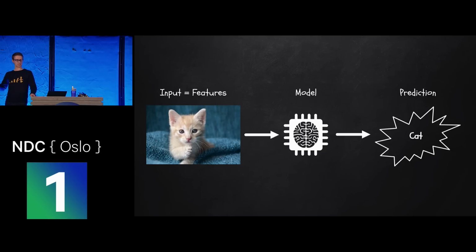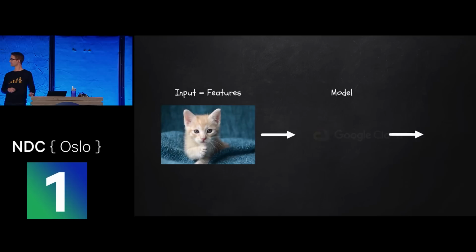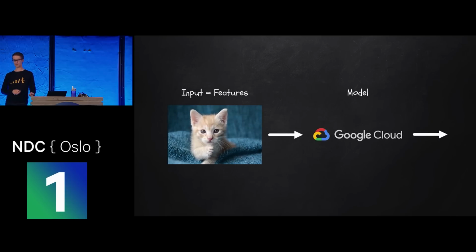We could train this model ourselves, but it would take a lot of time, and we need a lot of data to do so. So maybe we could just use a pre-trained model. Let's try and do that. For example, we can use Google Cloud Vision API. So what result do we get if we take this image of this cat and put it into Google Cloud Vision API?